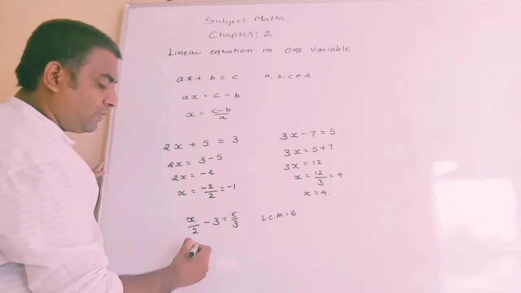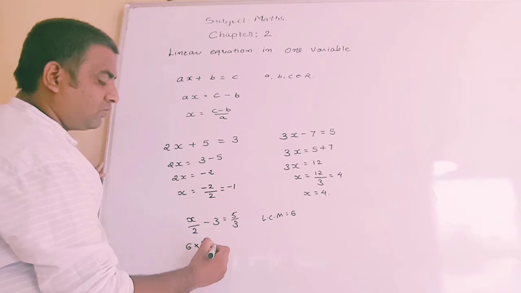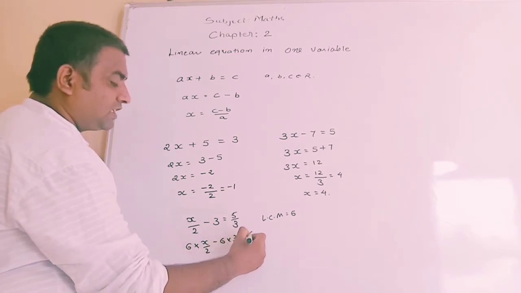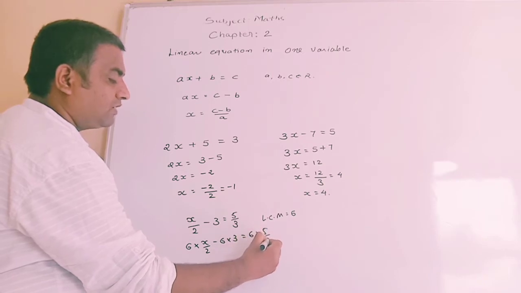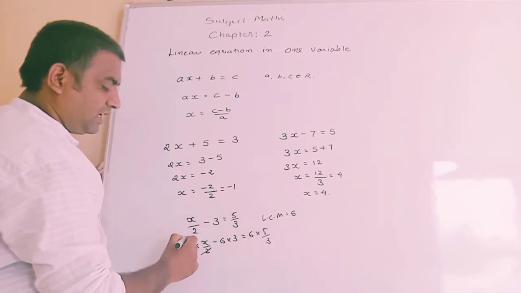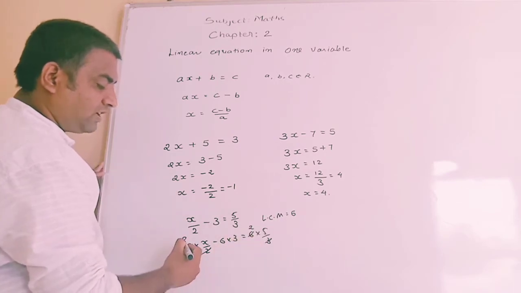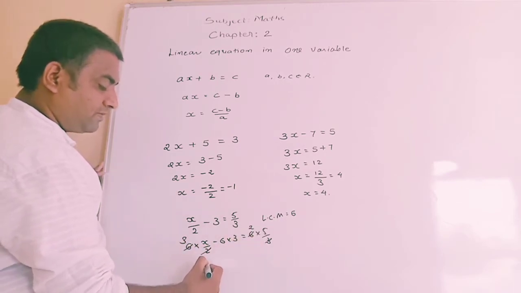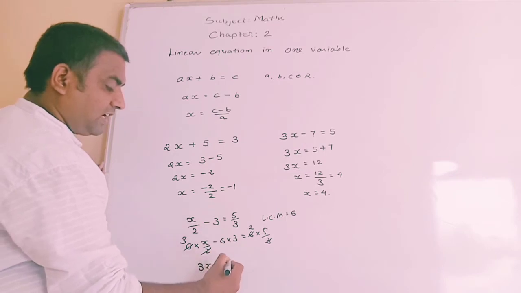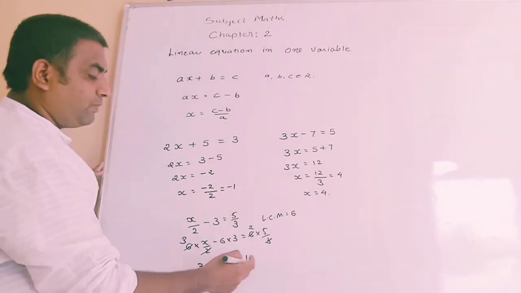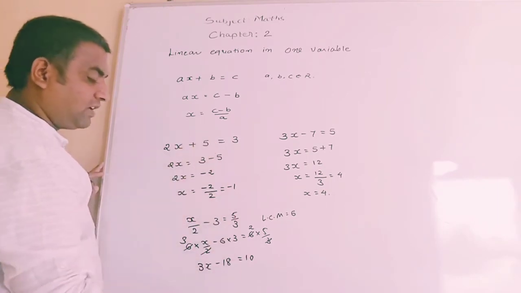So 6 multiply x by 2, 6 multiply 3, 6 multiply 5 by 3. So 2 3s are 6, 3 2s are 6. And so our equation will convert now. 3x minus 6 times 3 is 18 and 2 5s are 10. So now it is completely in integer form, so like this we converted.